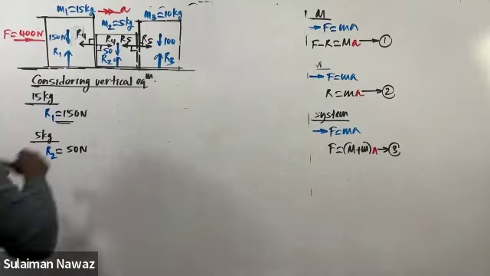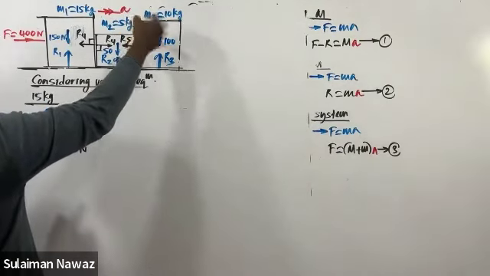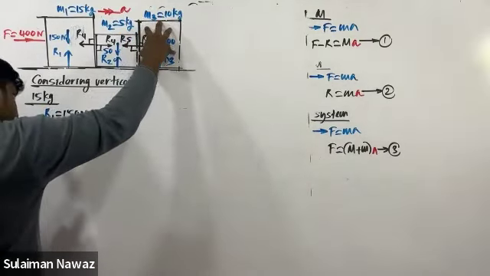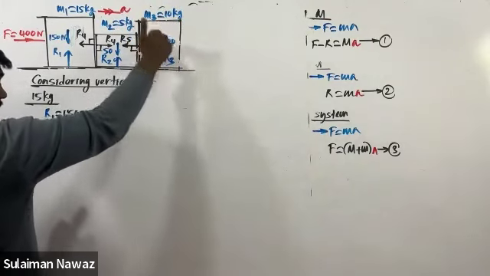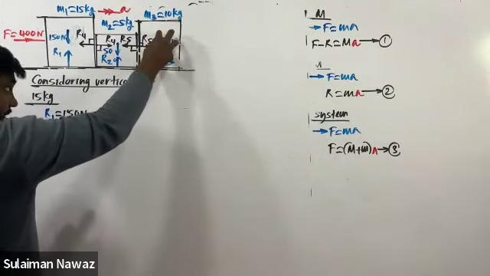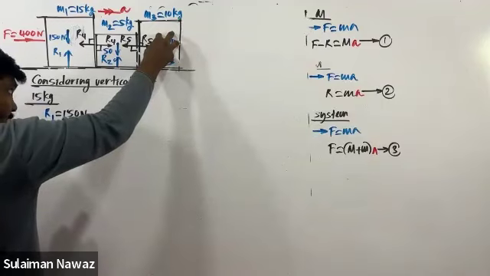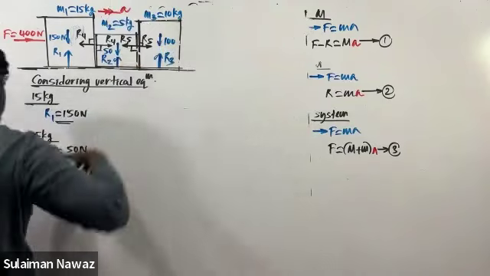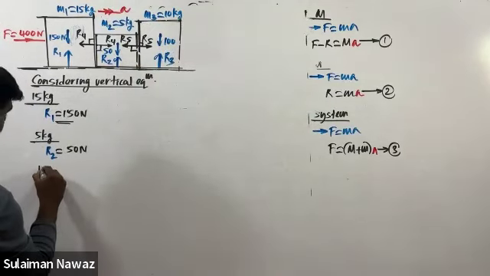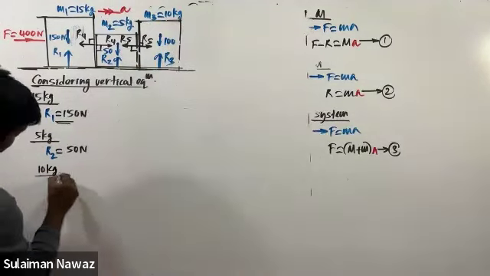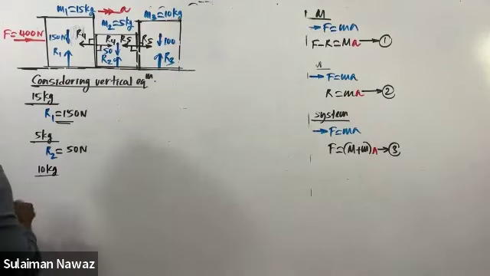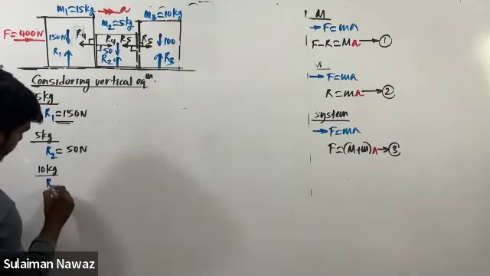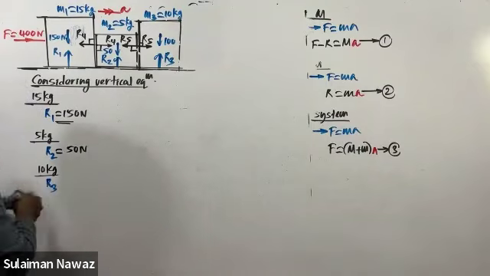When you consider only the 10 kilogram mass, there are three forces: 100, R3, and R5. Considering vertical equilibrium, R3 upwards must be equal to 100 downwards for the 10 kilograms. R3 must be equal to 100.